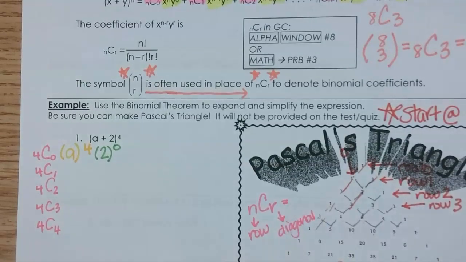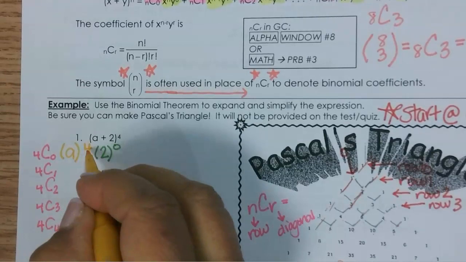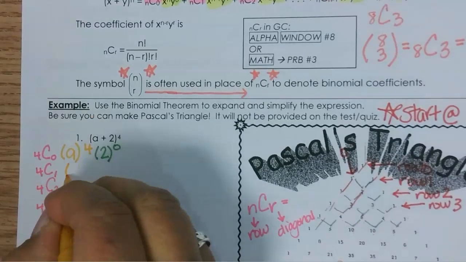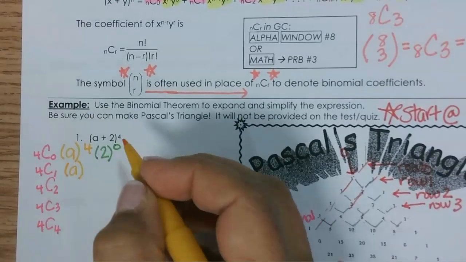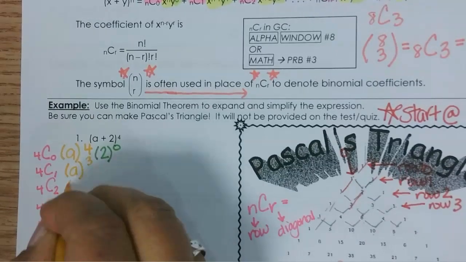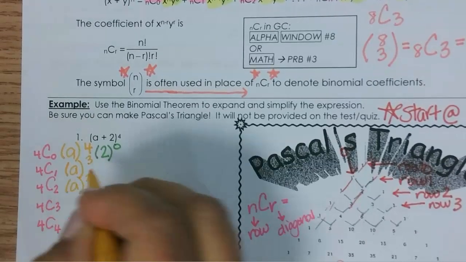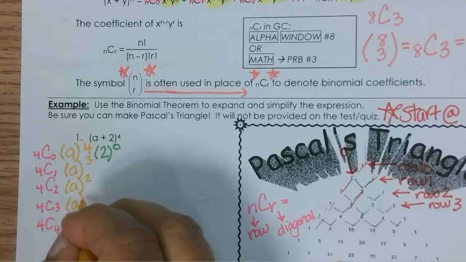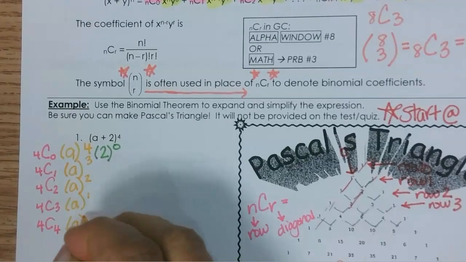Next, we would have a to the 4th, and we're going to drop that power each time. So a cubed, a squared, a to the 1st, and then a to the 0.